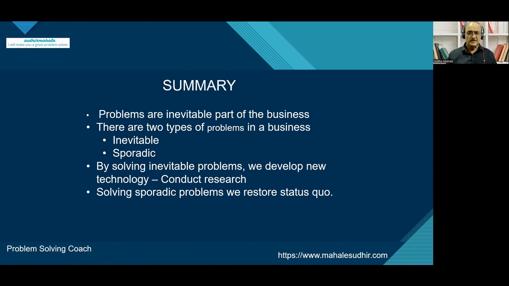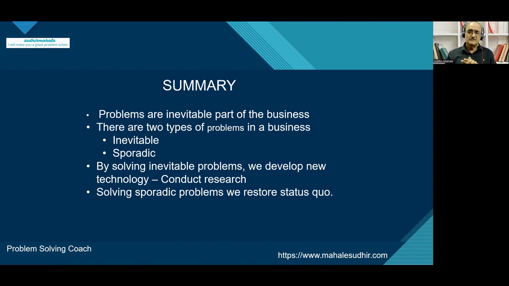So to summarize, problems are an inevitable part of the business, and there are two types of problems in the business, that is the inevitable and the sporadic. By solving an inevitable problem, we develop new technology. That requires conducting research, but it gives tremendous benefit; you can expand your business like anything, because you will be new in the market with this technology, and you will have the first entrant effect on the market.